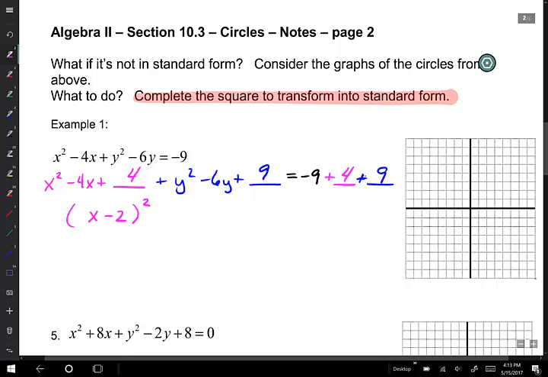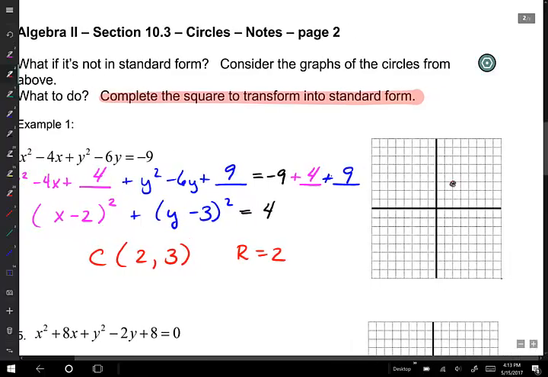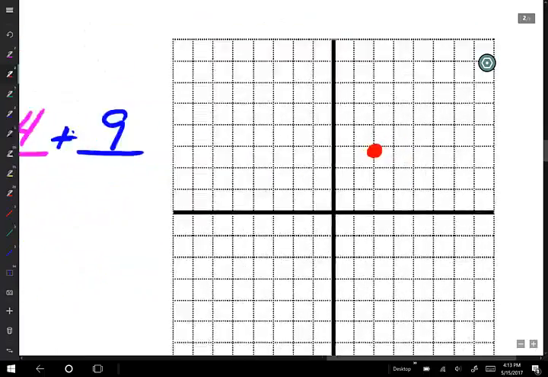So (x minus 2) squared plus (y minus 3) squared equals 4, because the 9's cancel out. This is going to give us a center of (2, 3) and a radius of 2. So let's sketch that. (2, 3) with a radius of 2.